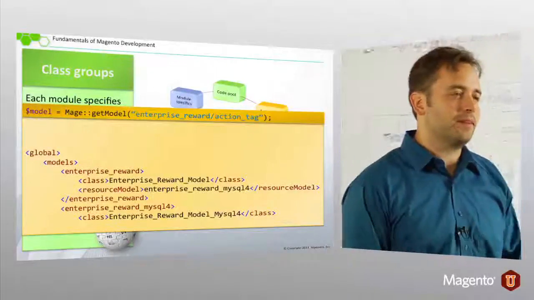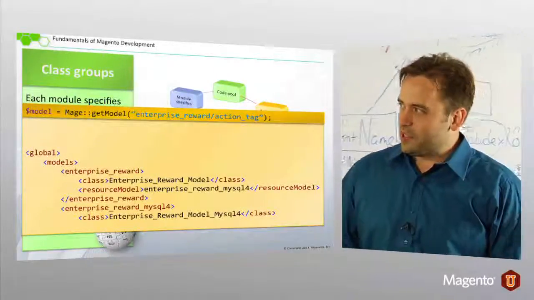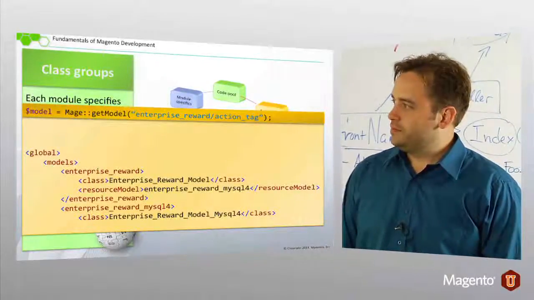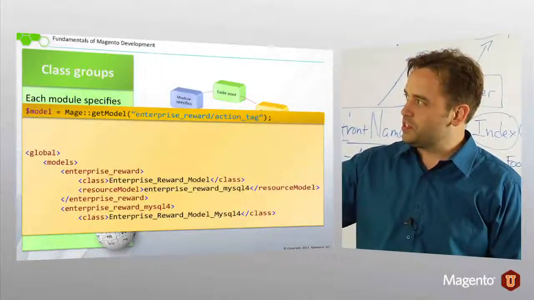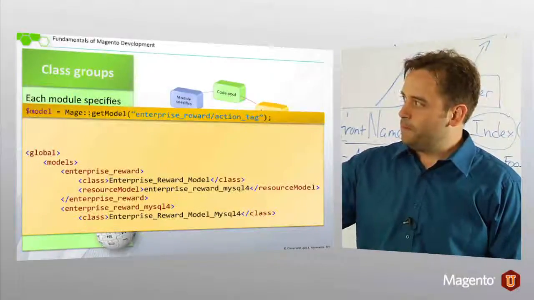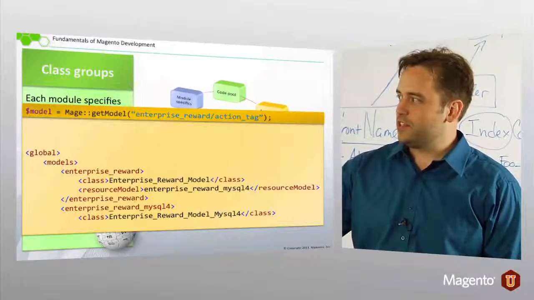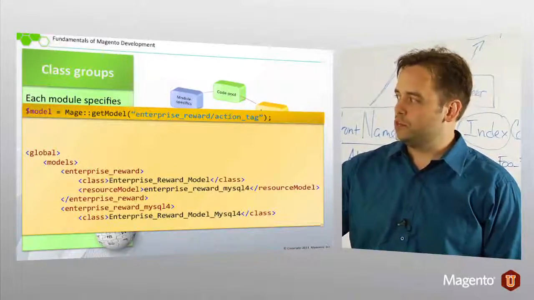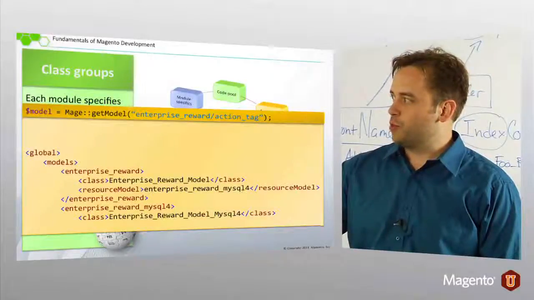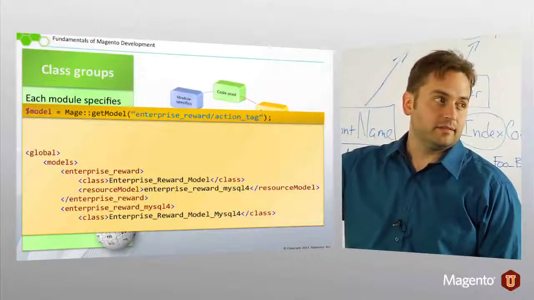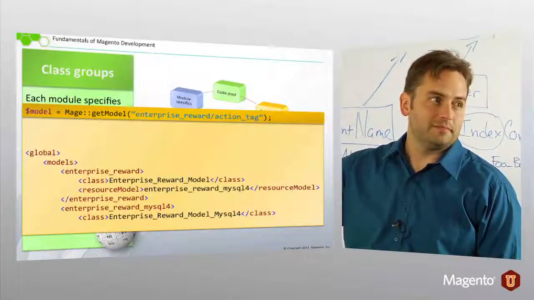That's our class group. And again, the system uses this to look up this node, and then in this node, finds this class node, uses this value, tries to load enterprise reward model action tag. Okay?